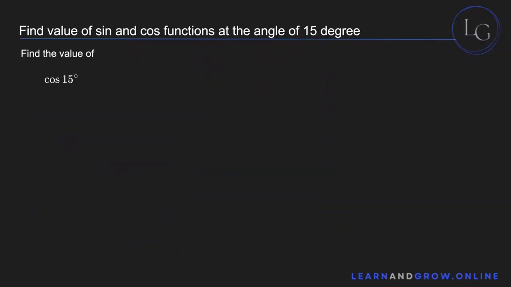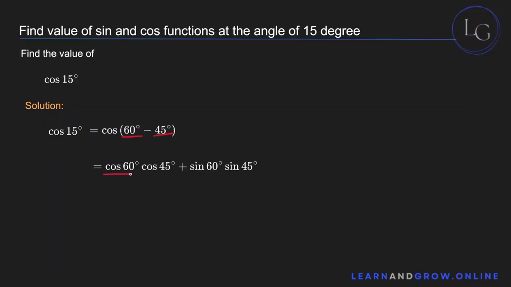And again, for cos 15, remember the same values. You can write down cos 15 as cos 60 minus 45. Now you apply the identity for the cos function. Cos 60 minus 45 can be written as cos 60 cos 45 plus sine 60 sine 45. Again, you replace those values.